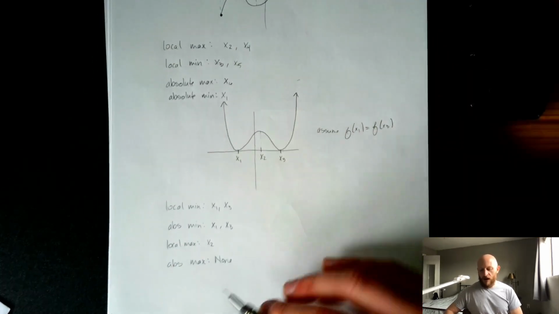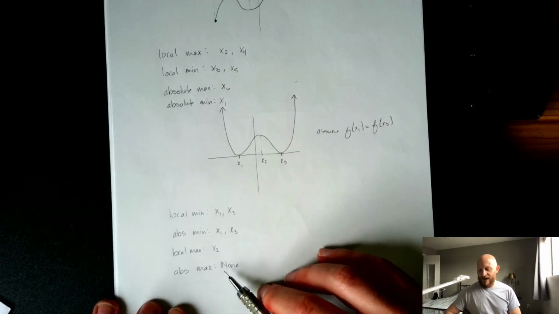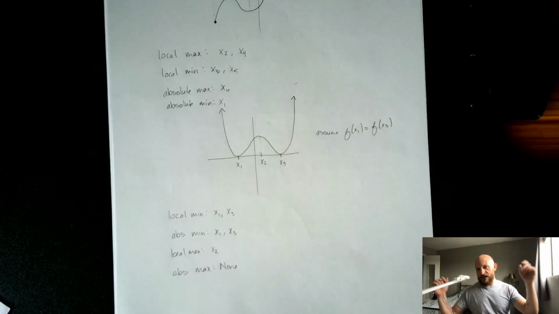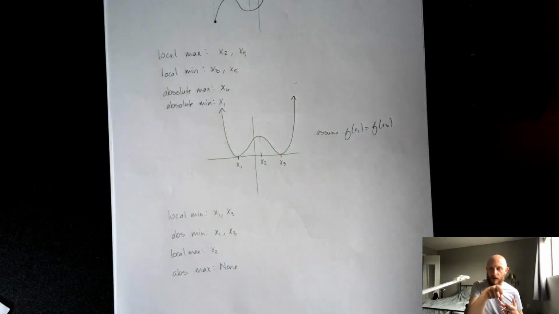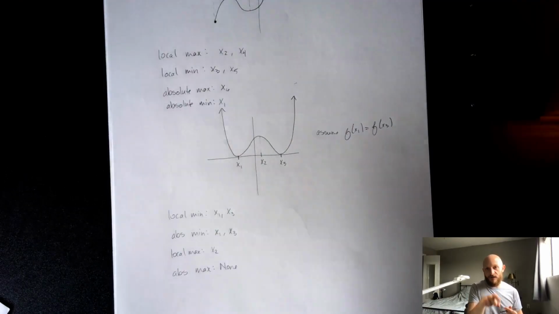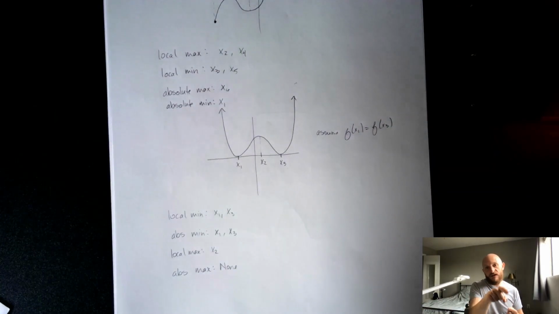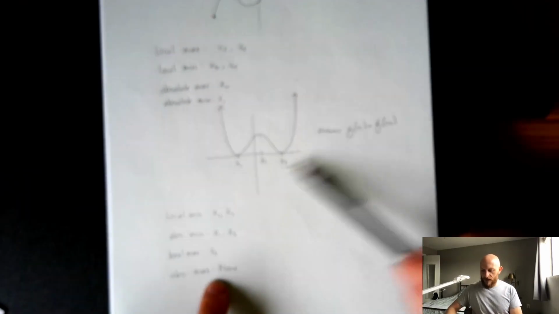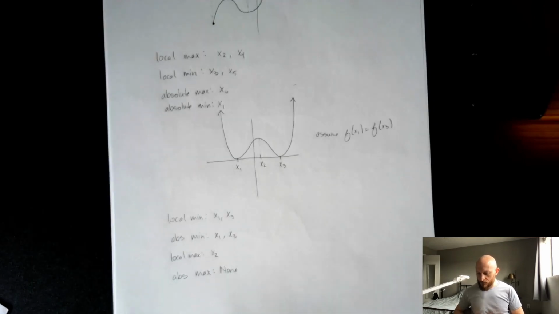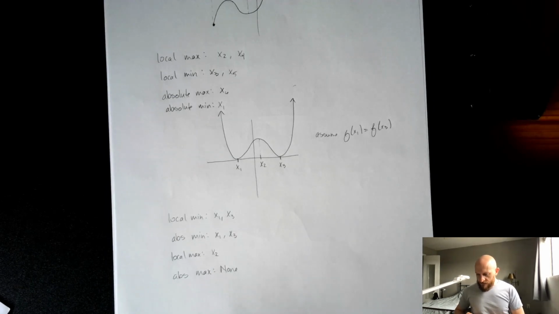Even if you thought the absolute maximum occurs at infinity, no, we have to be able to point to a place and say, this is where it's happening. And there's no possible way to point to infinity and say, here's where infinity is on the number line. It's not possible. So absolute maximums, there are none. Right, so that's that.